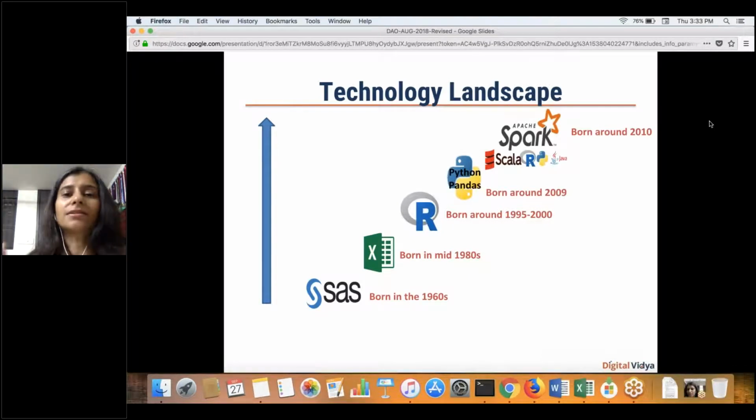But what it means is that it provides for maintenance, support, data security, and so on. So even today, the biggest of banks, insurance companies, and healthcare are still using SAS, especially for a lot of traditional work. For a lot of new kind of work, they may be moving on to other technologies, but that is where SAS still firmly stands.